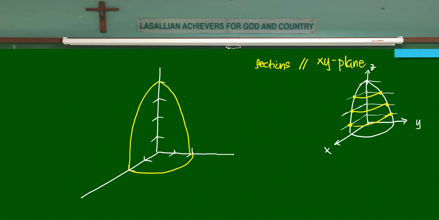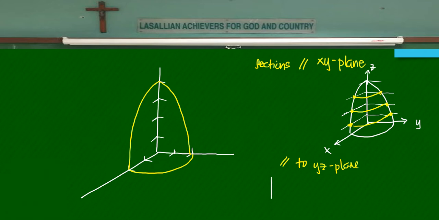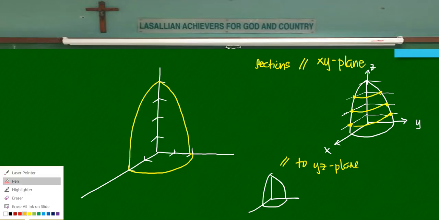What about if you were asked to draw parallel to the yz plane? Okay, what we do is, let's redraw that. But I said yz plane, so you move along the x.